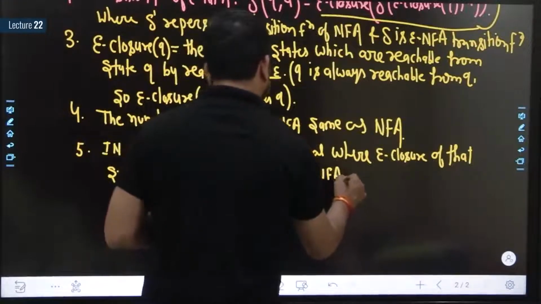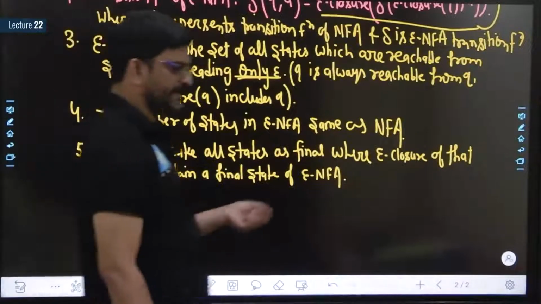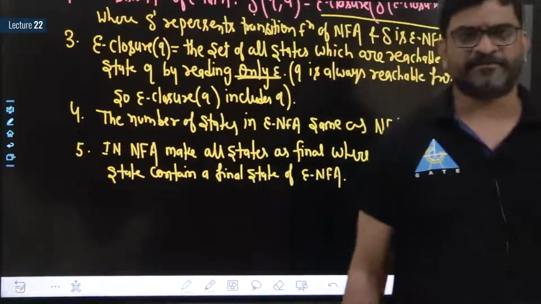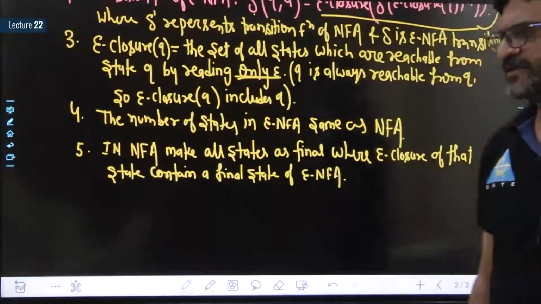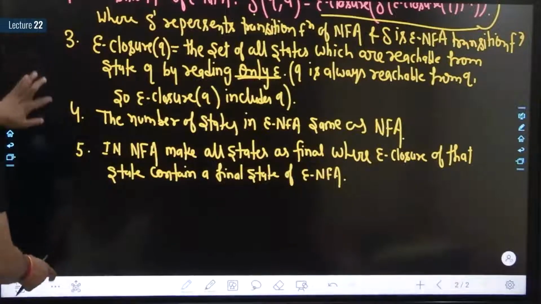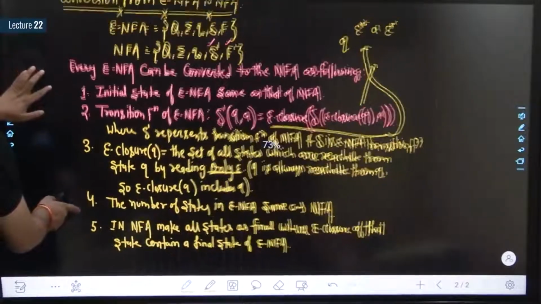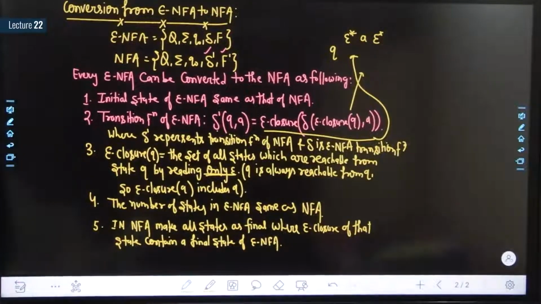In other words, when we read epsilon and enter into the final state, make those states final states. We will see with the example. Clear? Please read these points once.